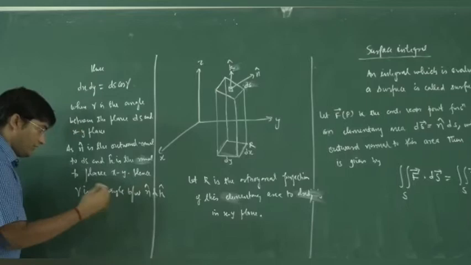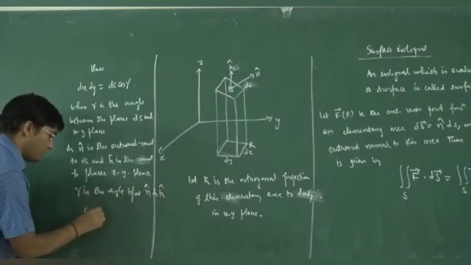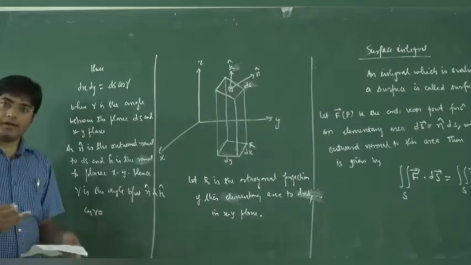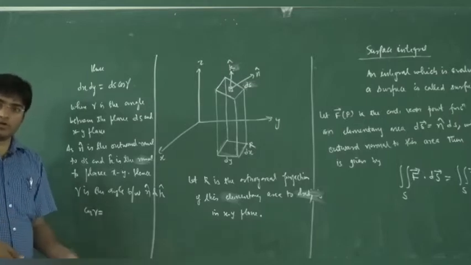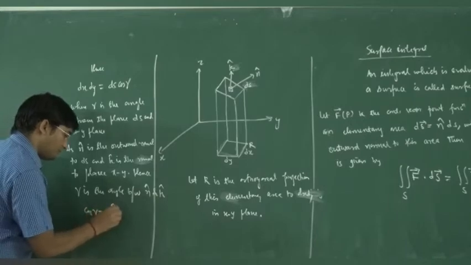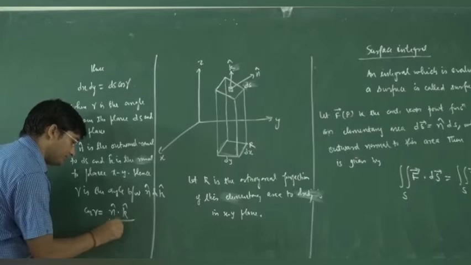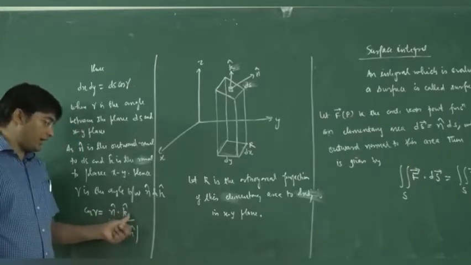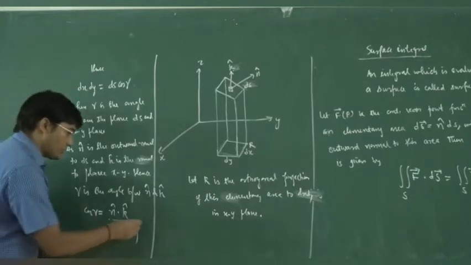Now if it is so, we have cos gamma equal to, now a dot b is equal to modulus of a into modulus of b into cos theta. So this will be basically n dot k, as the modulus of n and k is 1. So your cos gamma is n dot k cap upon modulus of n into modulus of k.